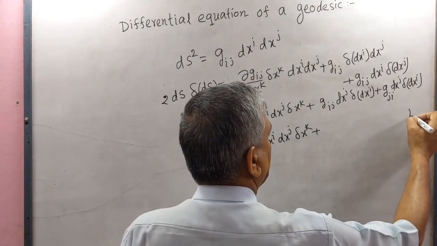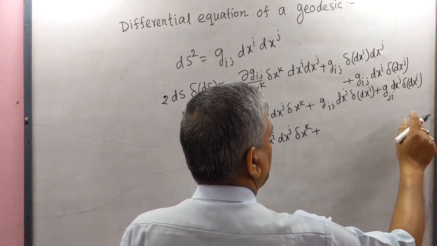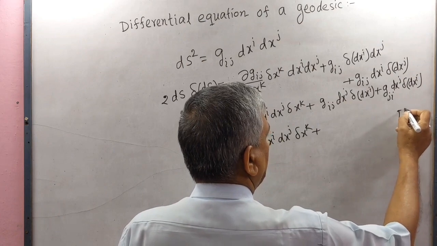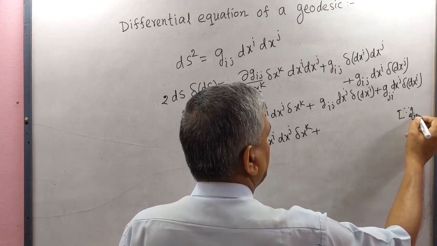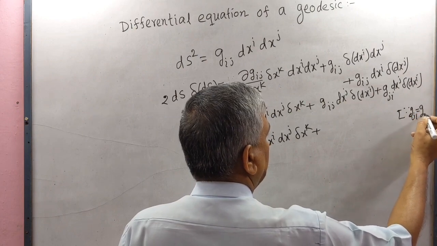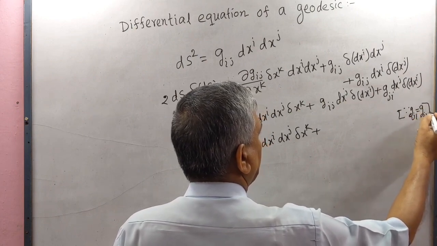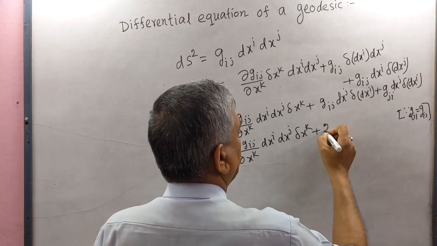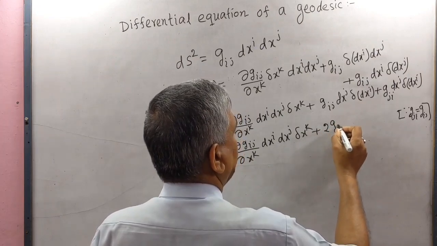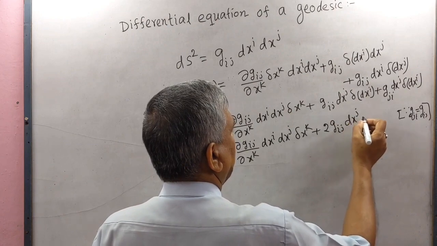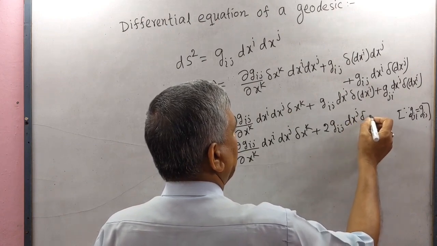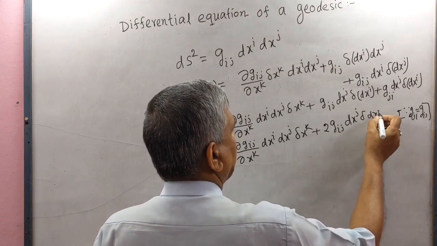Since gij equal to gji, this will be 2 gij dxj delta dxi.